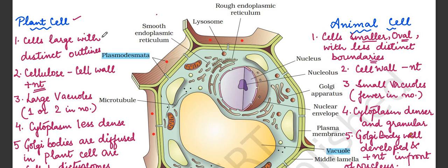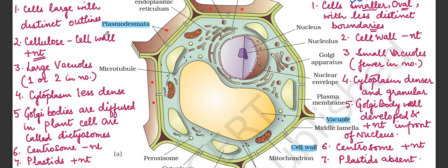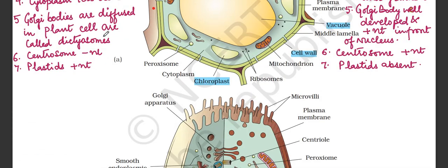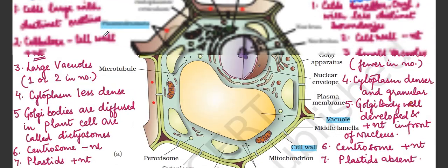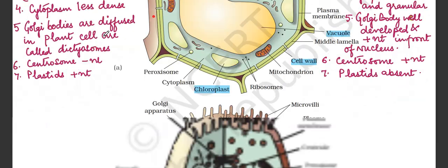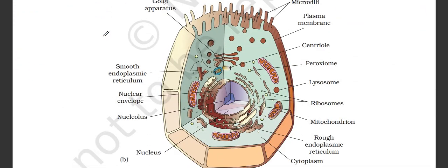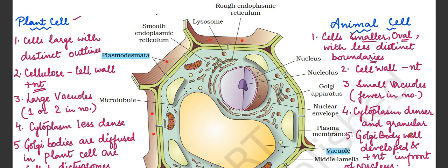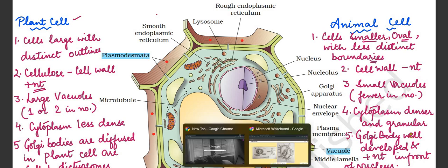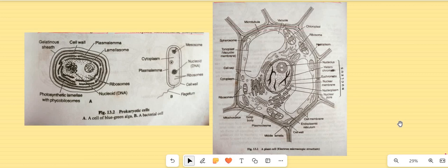Here in your NCERT book, the complete detailed structure of the eukaryotic cell, prokaryotic cell, animal cell, and plant cell is given. But for your reference, for better diagrammatic purposes, I have given a complete detailed structure here as well. So you can just pause this video and draw these diagrams of prokaryotic cells and eukaryotic cells.